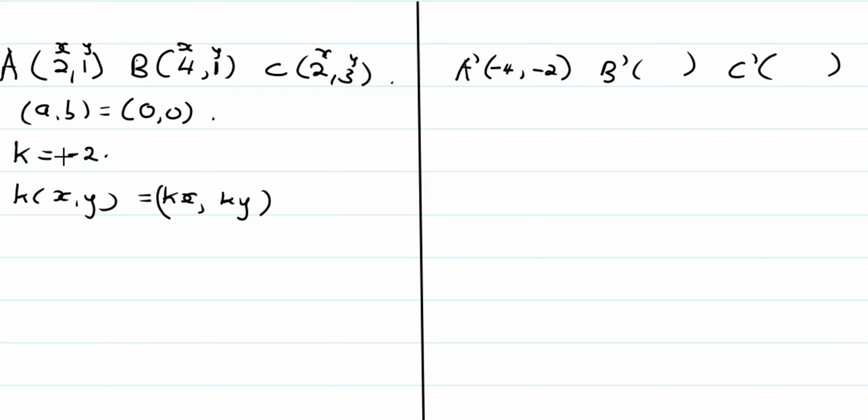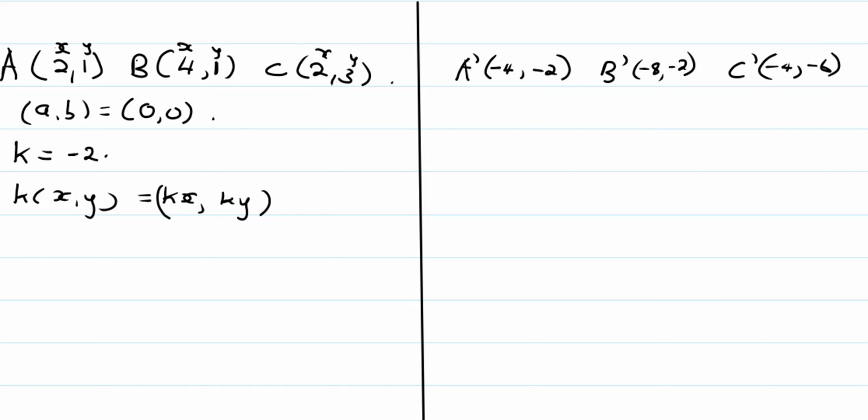Now we have 4, but multiplied by -2, which will be -8. And then again, -2 times 1, which will be -2. And finally, we do that for C, where we have -2 times 2, which is -4. And then again, -2 times 3, which is -6. And there you have the new coordinates of the enlarged triangle.